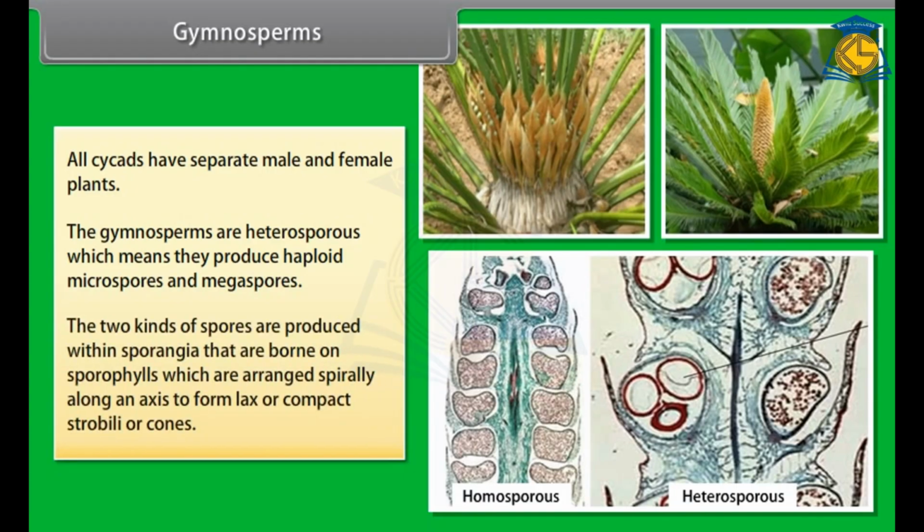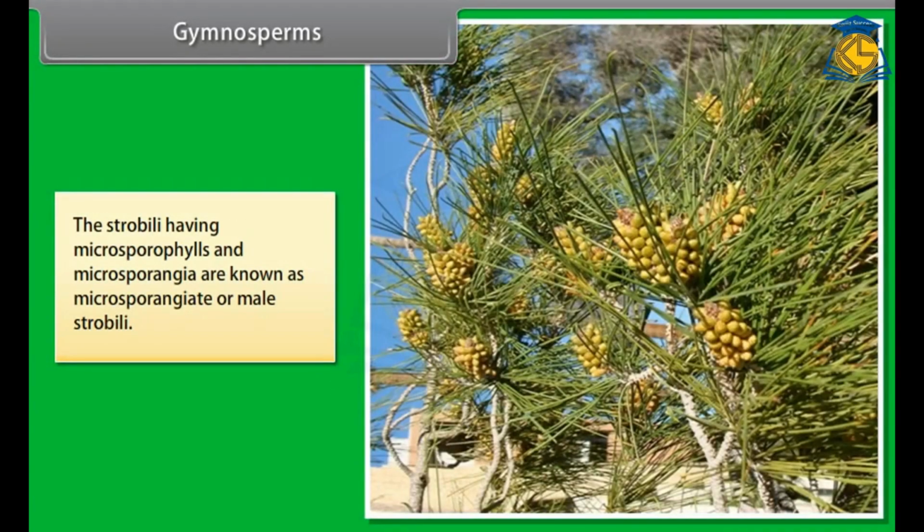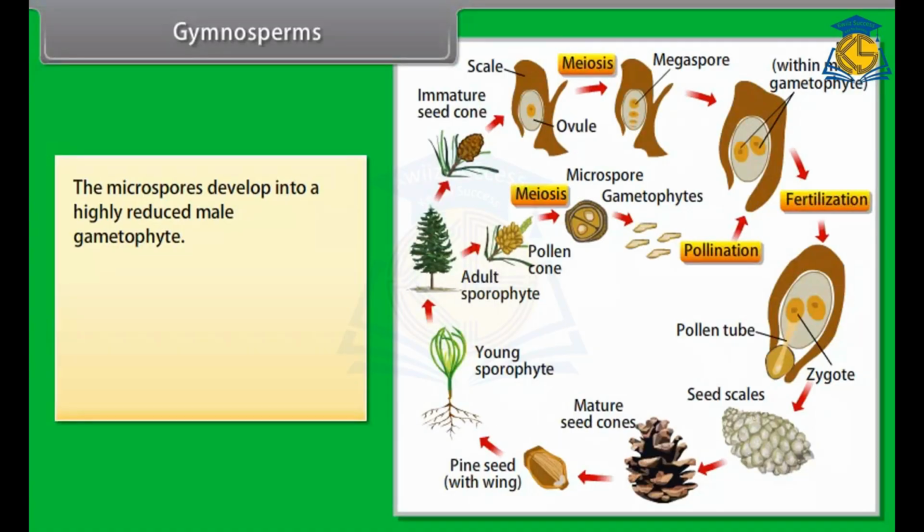The two kinds of spores are produced within sporangia that are borne on sporophylls, which are arranged spirally along an axis to form lax or compact strobili or cones. The strobili having microsporophylls and microsporangia are known as microsporangiate or male strobili. The microspores develop into a highly reduced male gametophyte.